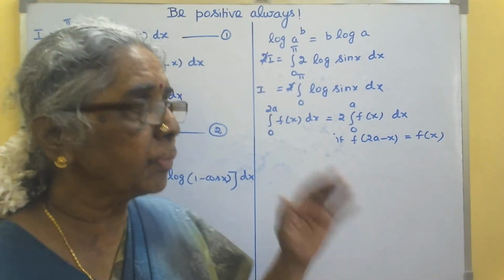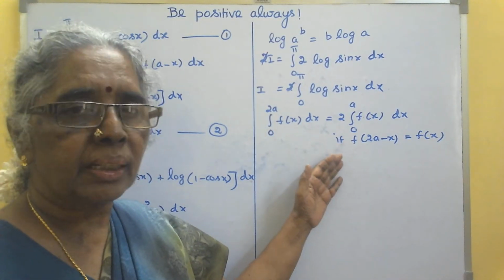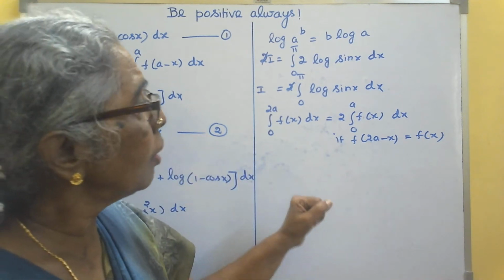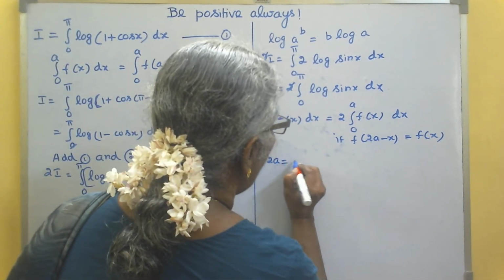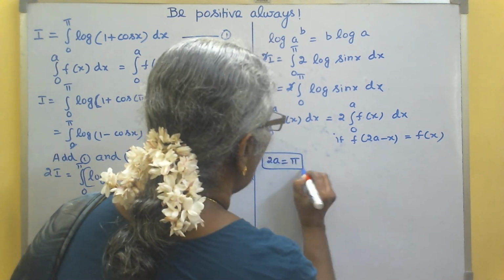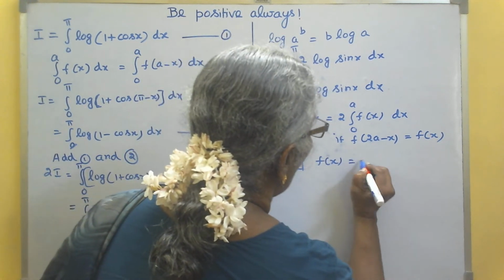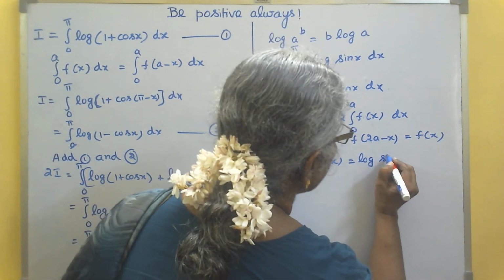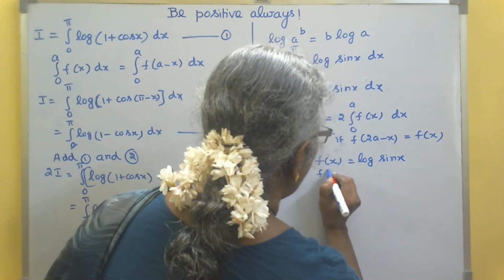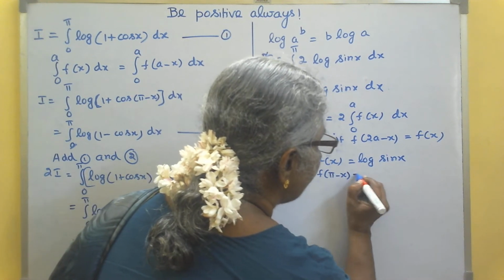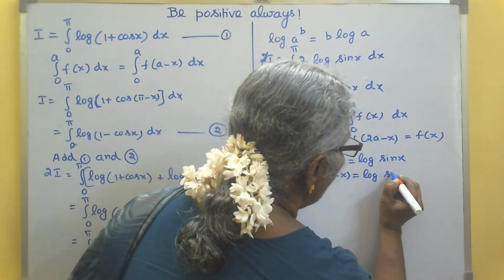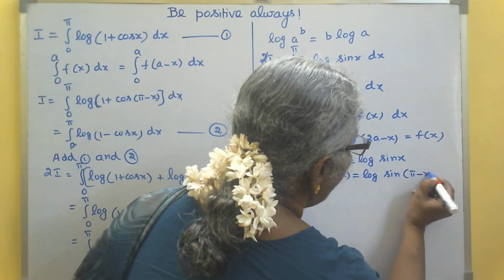I am going to see now whether this property will apply here. So what is my 2a here? In the place of 2a I have pi. Now my f of x is log sin x. So now f of 2a minus x, that is log sin of pi minus x.